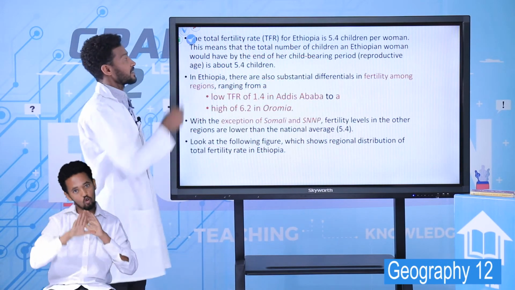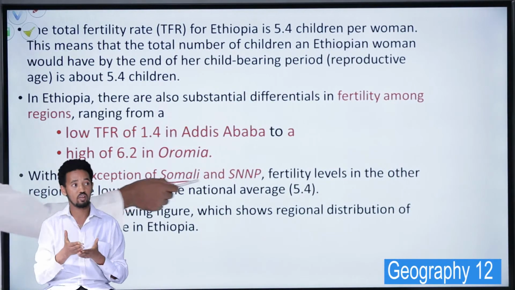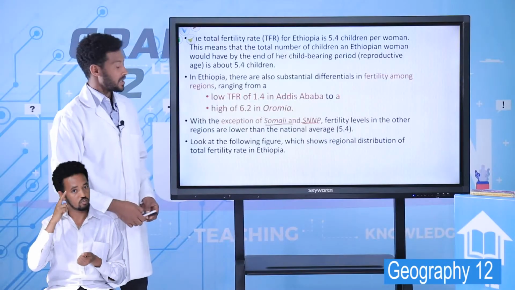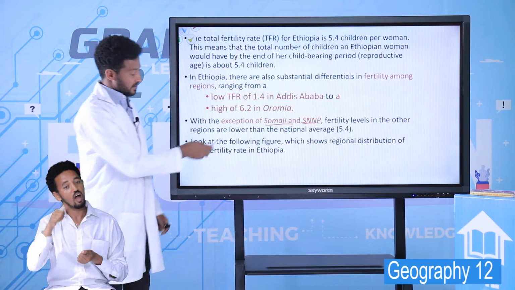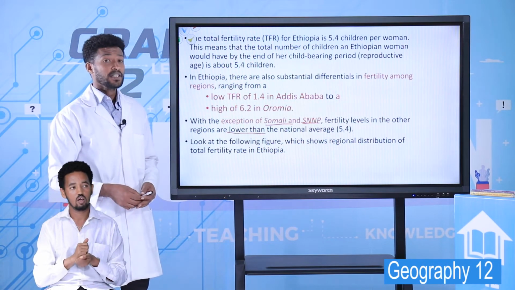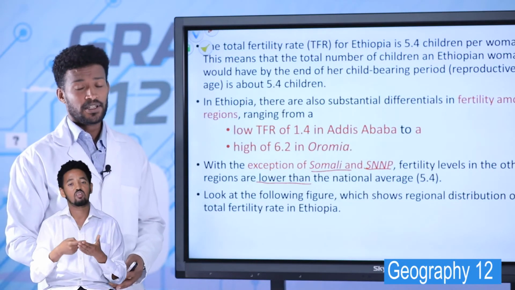In another way, with the exception of Somali and the Southern Nations, the other regions have lower total fertility rates than the average of Ethiopia.